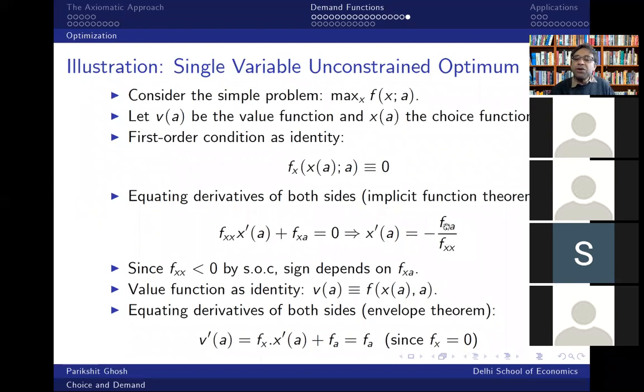What is this? This is f of xa, the interaction between irrigation water and rainwater. For example, you may say they are substitutes, so if there's a lot of rainfall, then the marginal benefit of irrigation water is less. So maybe this is negative.